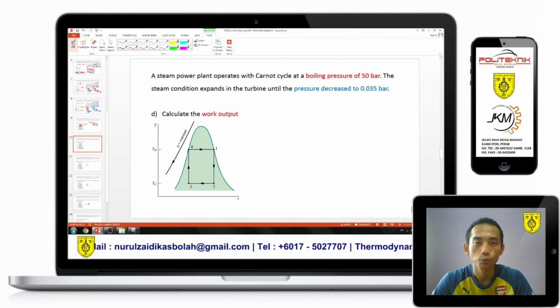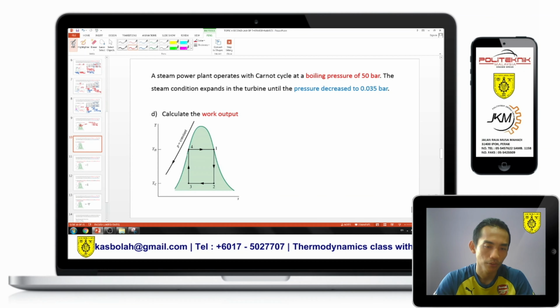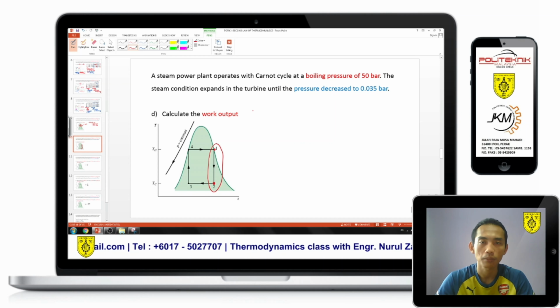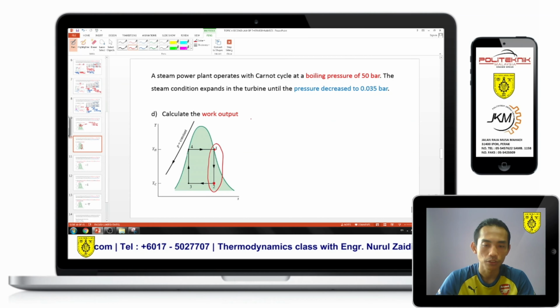Next is how to calculate the work output. Work output is the work produced by the turbine. By referring to the TS diagram, point 1 to point 2 is the turbine section. So W turbine becomes H1 minus H2.